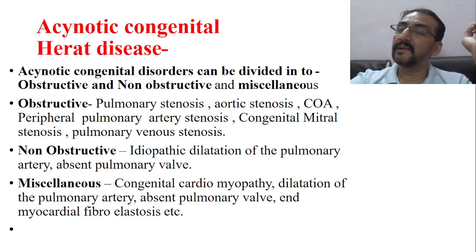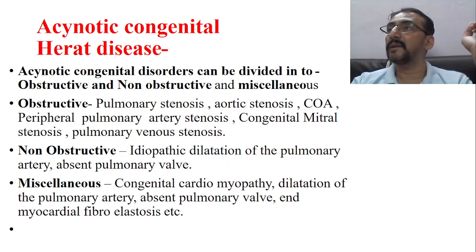Whatever blood enters the pulmonary trunk and the lungs will be purified and given back to the left ventricle and circulated. But as the amount of blood is less, the oxygen concentration is not up to the mark, but there is no cyanosis because the blood is purified. So that is exactly what is happening in the obstructive type of acyanotic congenital heart disease.